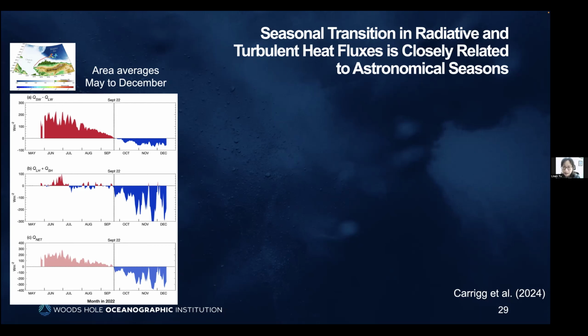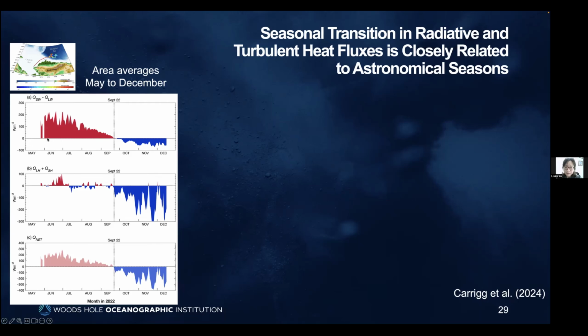We did the area average and plotted the time series from May, when we began to see ice melt, through to the end of December, when there is no open ocean data point at all.